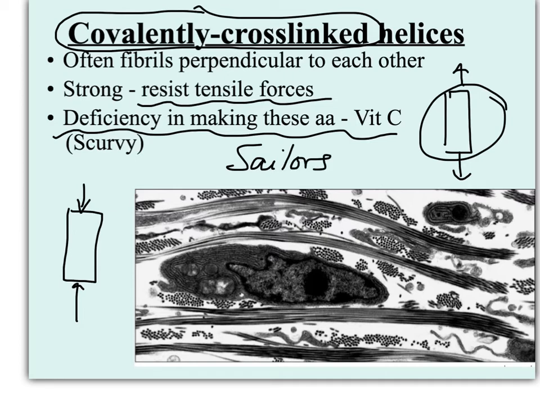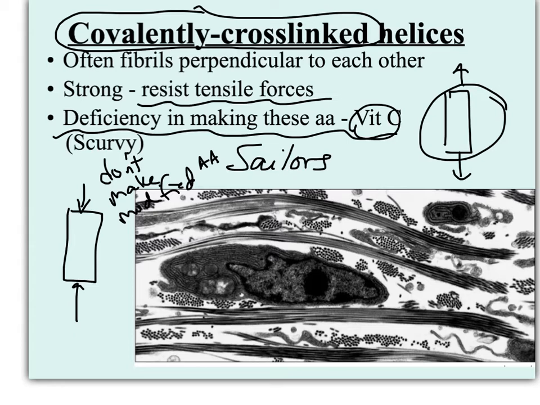In sailors, they were out at sea for so long and they didn't have any fresh fruit, and so it was determined that they had this vitamin C deficiency. They don't make the modified amino acids. And that's because vitamin C is a cofactor for making those particular amino acids.